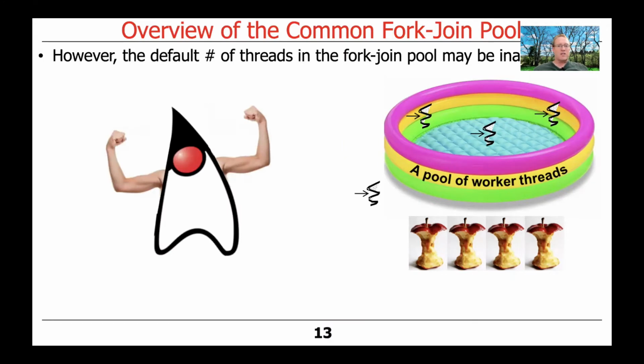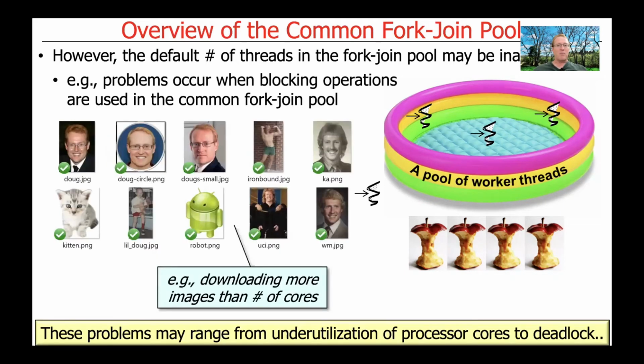Now, this default number of threads is pretty effective most of the time, but there are certain situations where the default number of threads could very well be inadequate. And this problem commonly occurs when you're using the fork join pool or the common fork join pool for blocking operations.